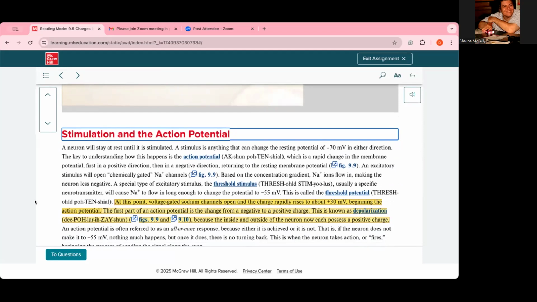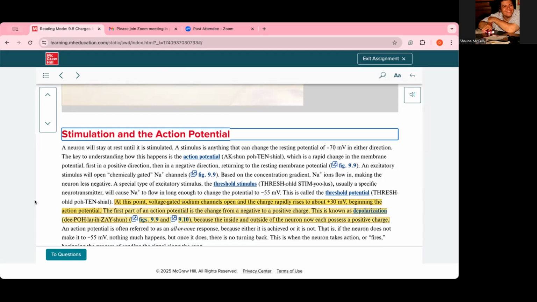A stimulus is anything that can change the resting potential of negative 70 millivolts in either direction. The key to understanding how this happens is the action potential, which is a rapid change in the membrane potential, first in a positive direction, then in a negative direction, returning to the resting membrane potential.